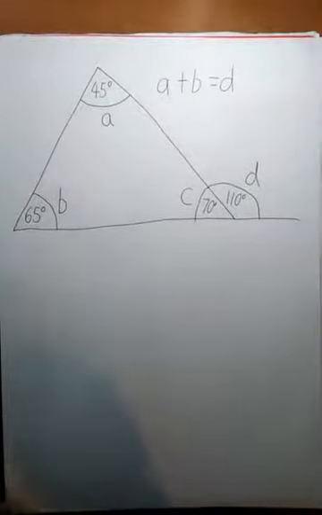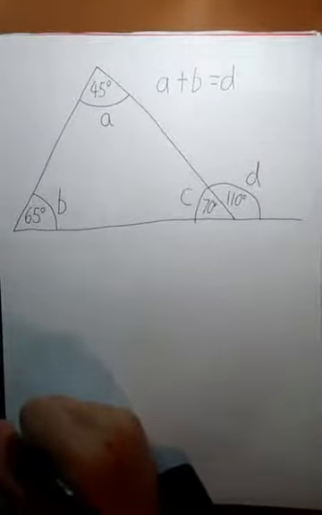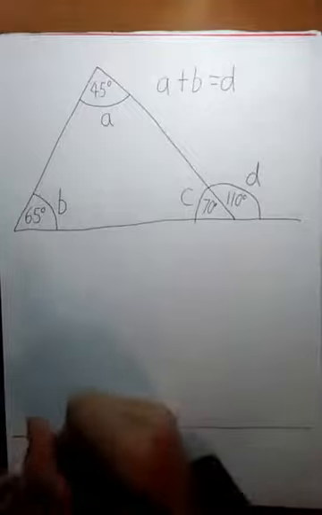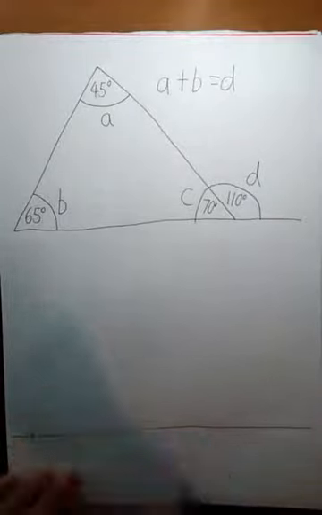Let's look at another tricky missing angle problem. Let's say I had a straight line with two triangles on it.